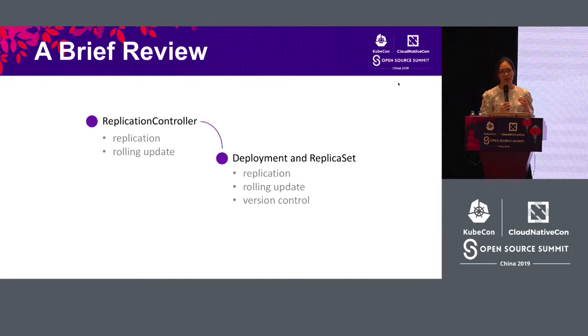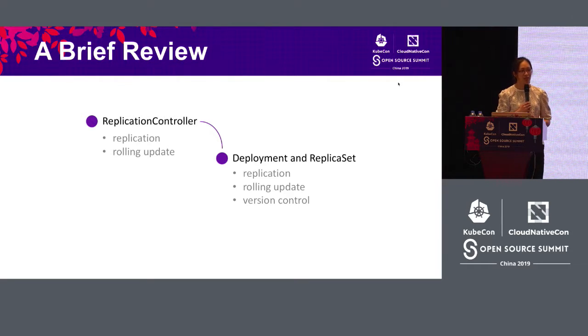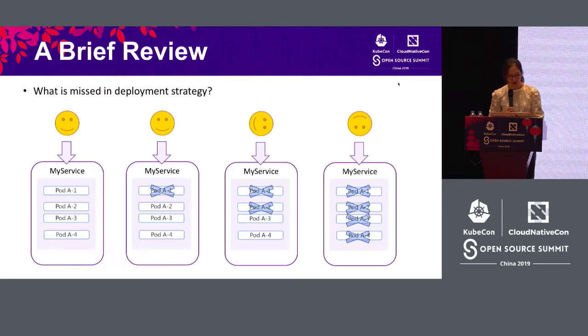When we move to deployment, the deployment and the replica set have a structure of 2 layers. So we have the capability of version control, so we can do the rolling back. After the release, we can return back to the historical version. So that is the current status of deployment.